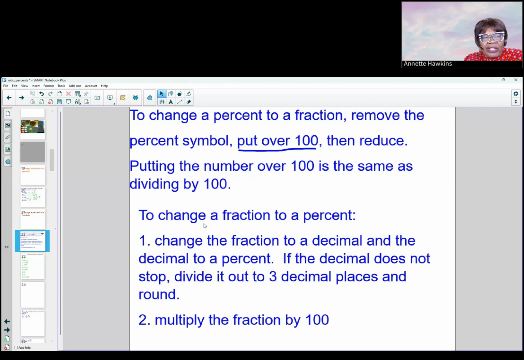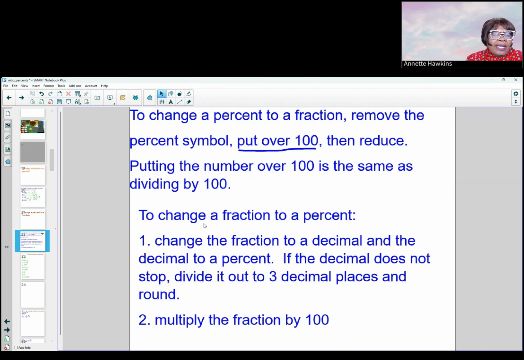But because we're changing it to a fraction, we're not going to move the decimal because we're not trying to change it to a decimal. We're going to put it over 100. Remember, the reference for percent is hundreds and then the 2 decimal places. So to change a percent to a fraction, remove the percent symbol, put it over 100, then reduce. Okay, putting the number over 100 is the same as dividing by 100.